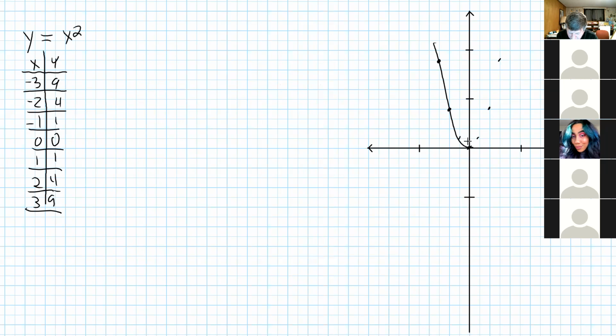Okay, so there's our y equals x squared again. What if I put a negative sign in front of the x squared?